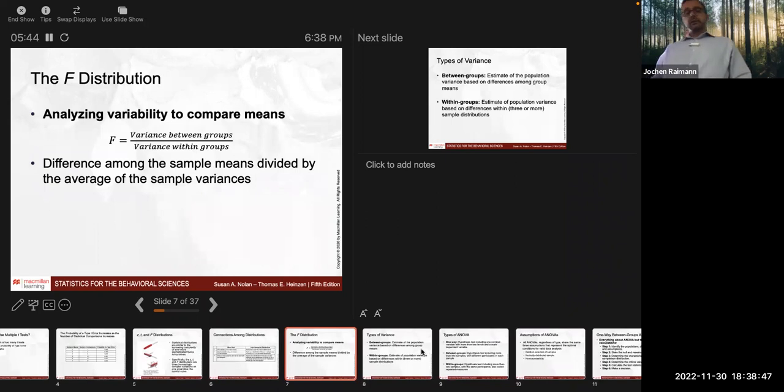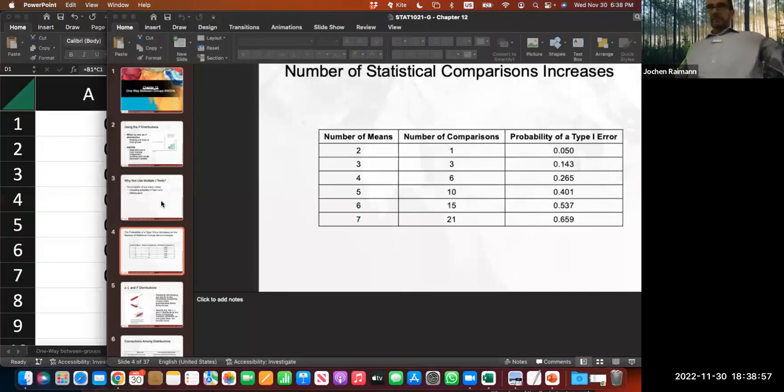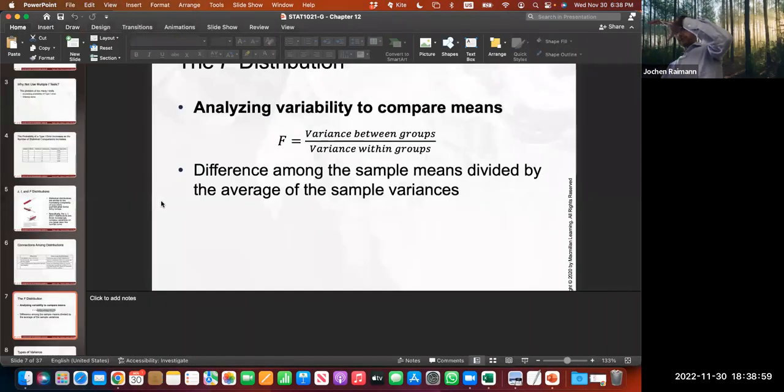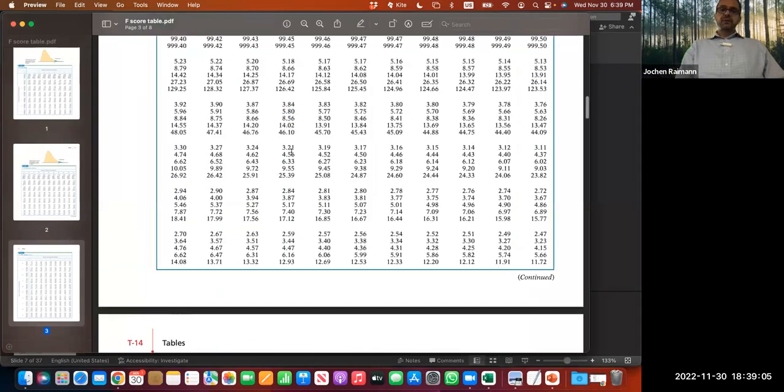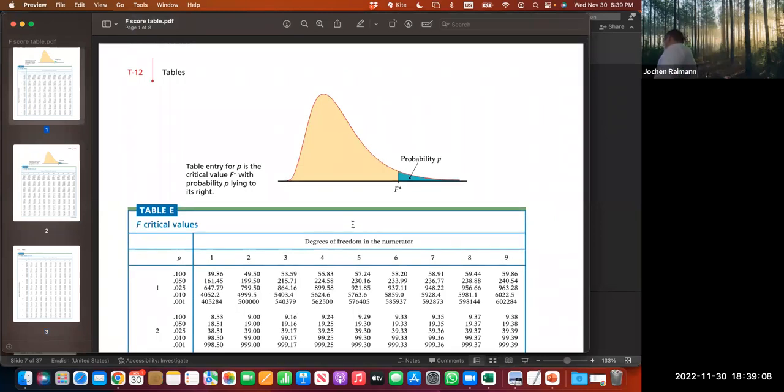So we're working now with an F distribution, which essentially is a distribution. It's unimodal, amalgamates basically the within variability and between variability, and distributes unimodal, positively skewed to the right. The principle is the same. It looks like more numbers. It's not that complicated.